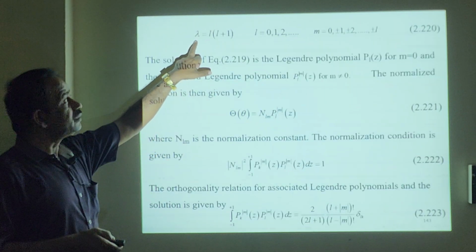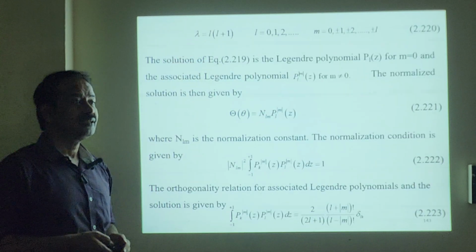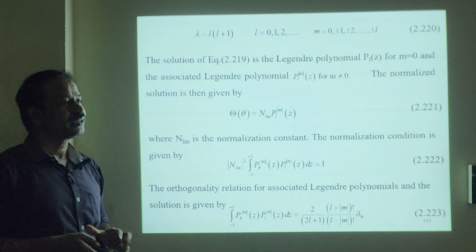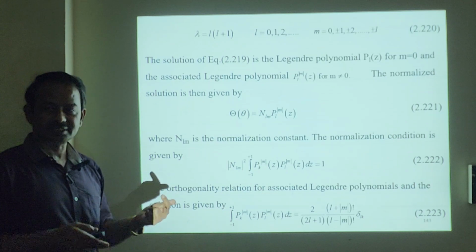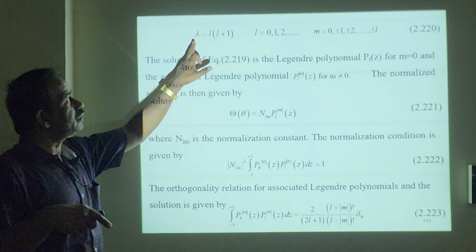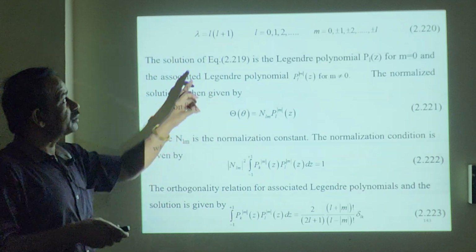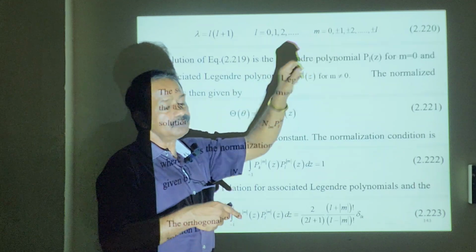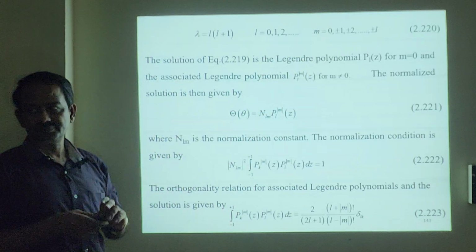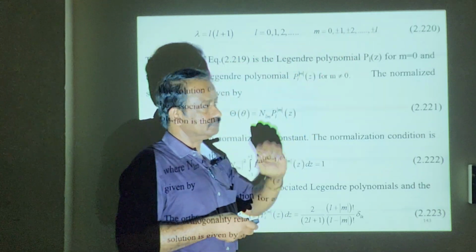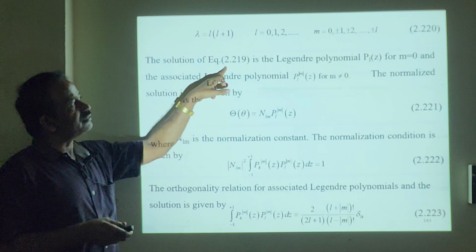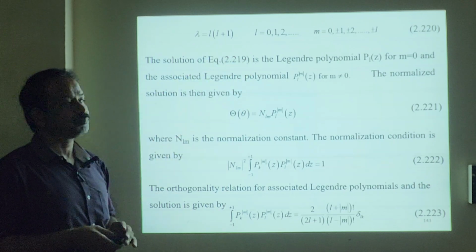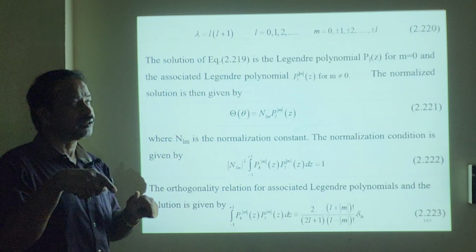And of course lambda is connected with the orbital quantum number. Like phi and m, we said m is connected with the magnetic quantum number, whereas lambda is connected with the orbital quantum number, and L goes from 0, 1, 2, and m goes from 0 to plus or minus L. It's a very important thing, plus or minus L. The solution, as I said just now, is nothing but the Legendre polynomial, PL of z.